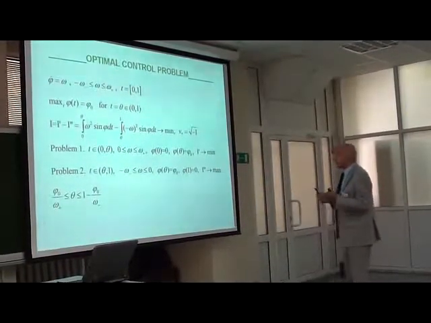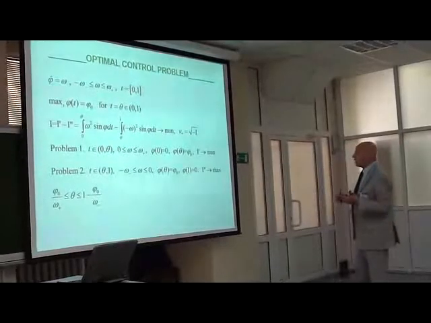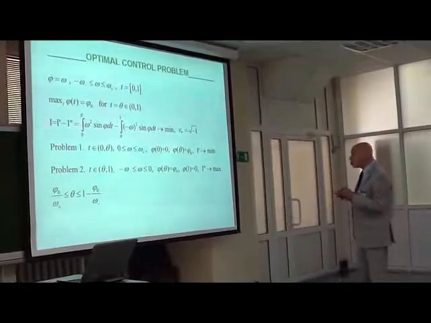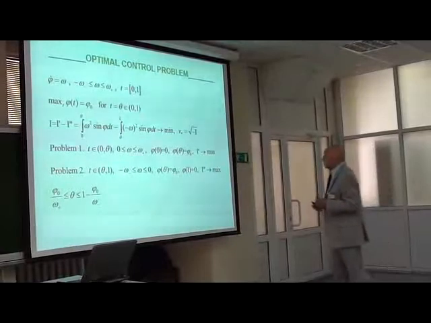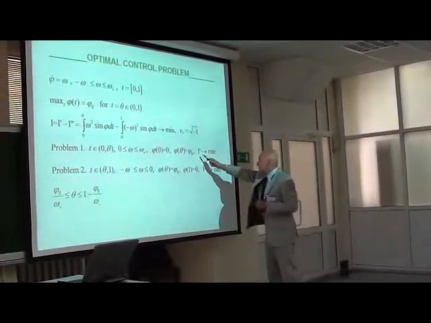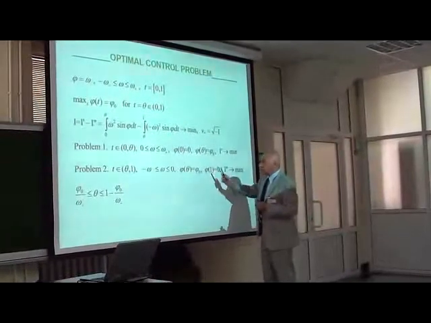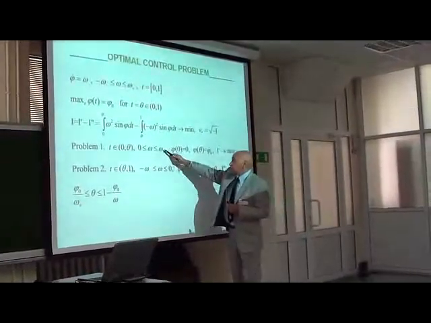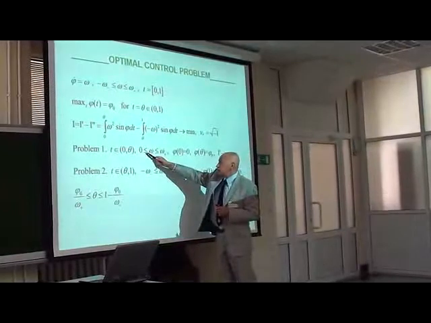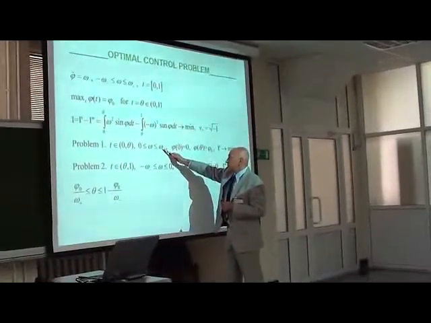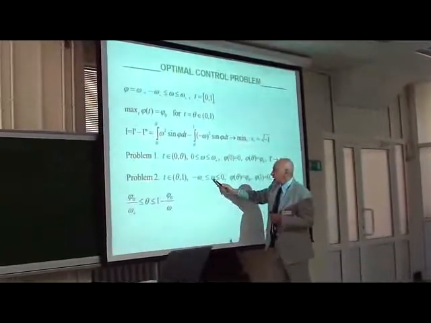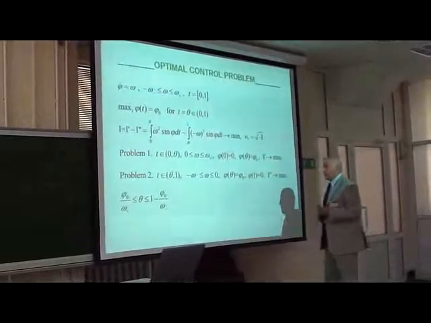So the problem is reduced to two independent problems. The first one for deflection, the second one for retrieval, with corresponding boundary conditions and different constraints. For deflection, we have positive angular velocity. For retrieval, negative angular velocity.